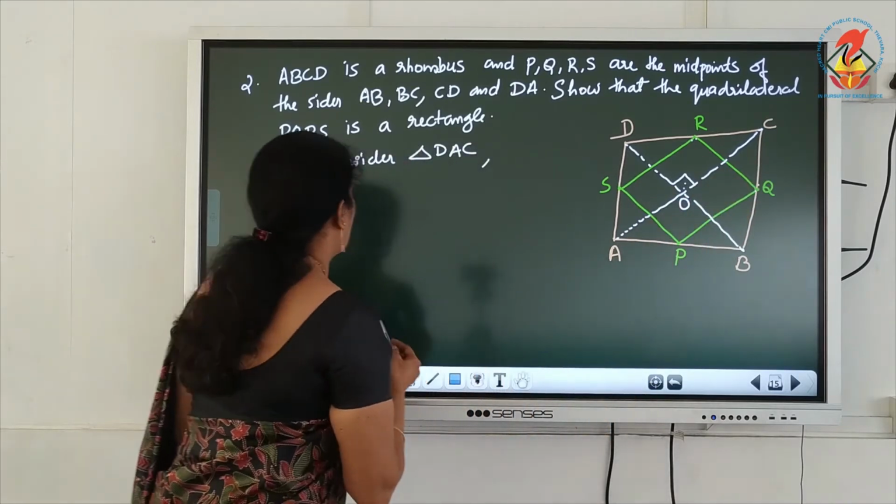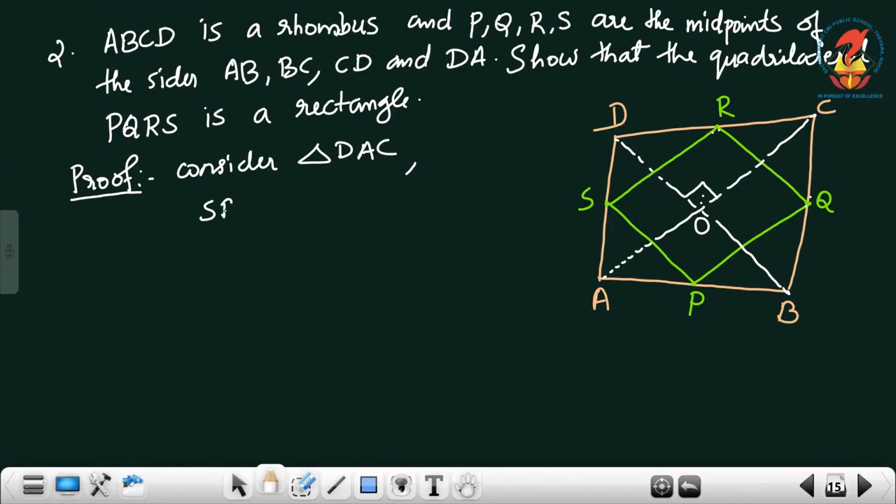Okay. Then you can write SR parallel to AC and SR equal to half AC. In bracket you write it: by the midpoint theorem.